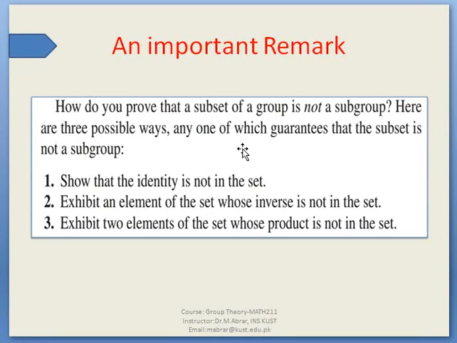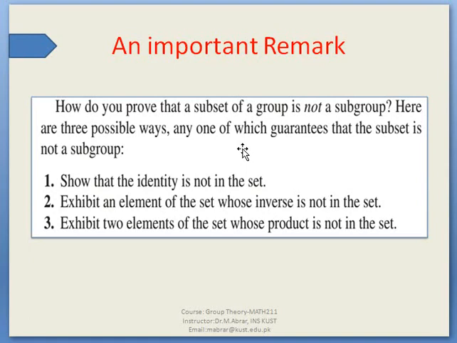An important thing to note: how do we prove that a subset of a group is not a subgroup? There are three possible ways, any one of which guarantees that the subset is not a subgroup. In case there is no neutral element in that set, then we say it's not a subgroup.